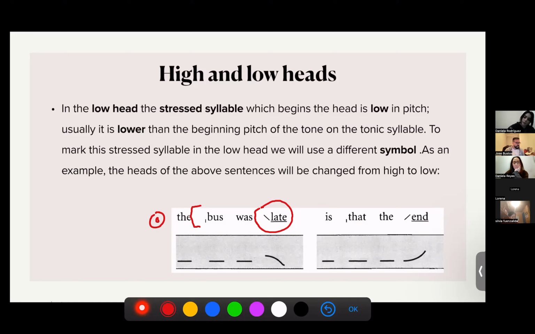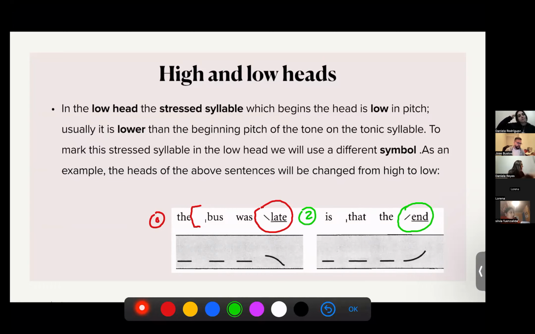Now, in example 2, what is the tonic syllable? "End". What is the tone of that tonic syllable? Rise. Very good. Now, where does the head begin? "That".